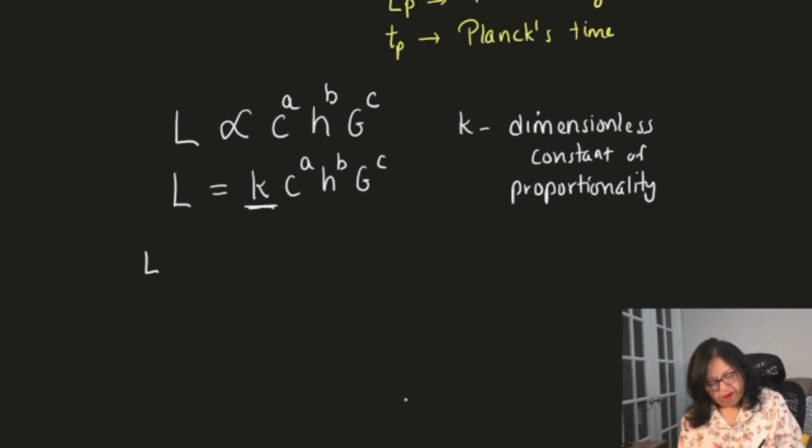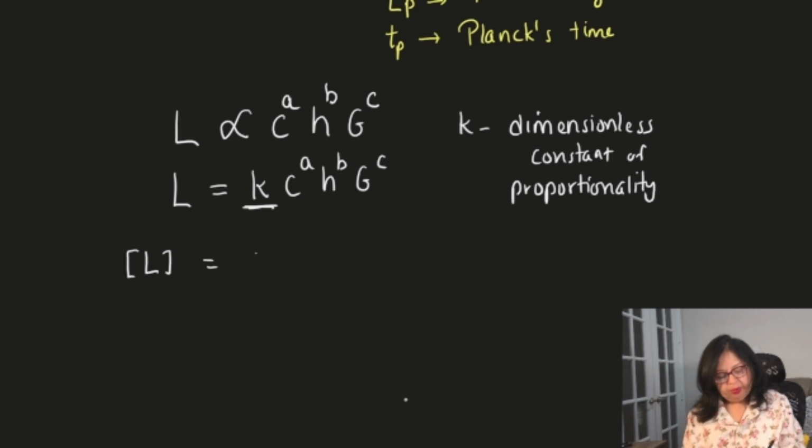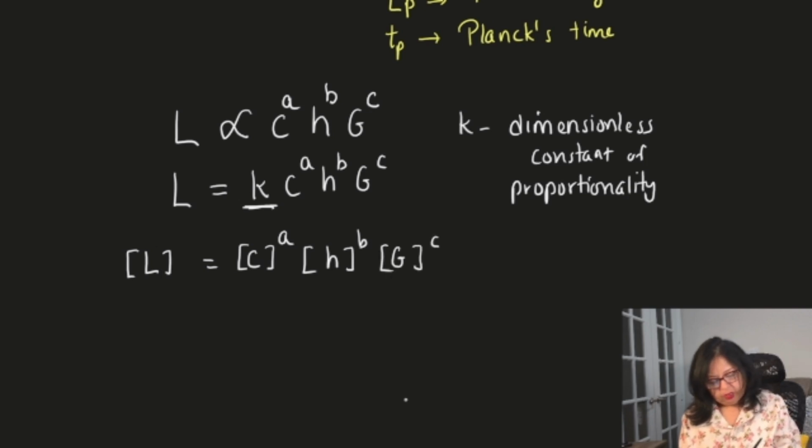So on the left hand side, I have dimensional formula for L. On the right hand side, K is dimensionless. So I have dimensional formula for c to the power a, dimensional formula for h to the power b, dimensional formula for G to the power c. On the left hand side, I get dimensional formula for L to be M0 L1 T0.